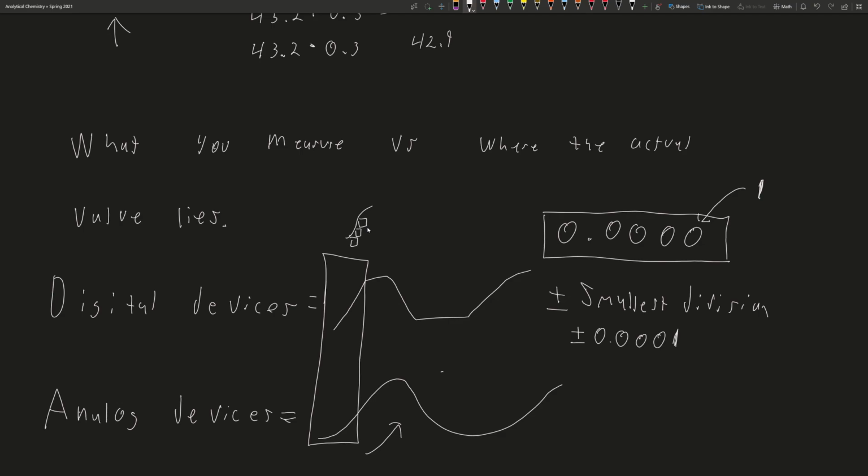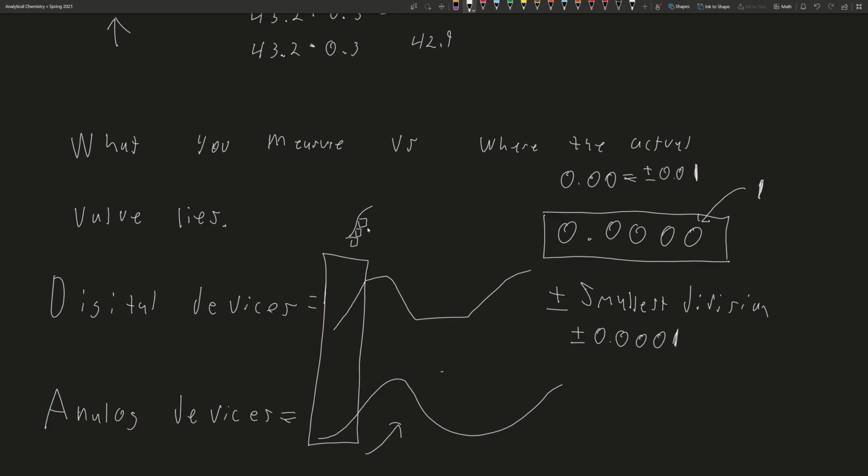Essentially, let's say we had a device that was 0.00. The uncertainty that would be associated with that would be plus or minus 0.0. There we go.